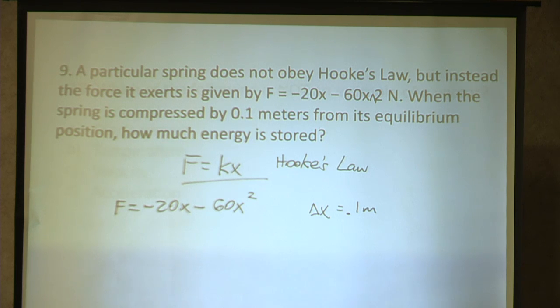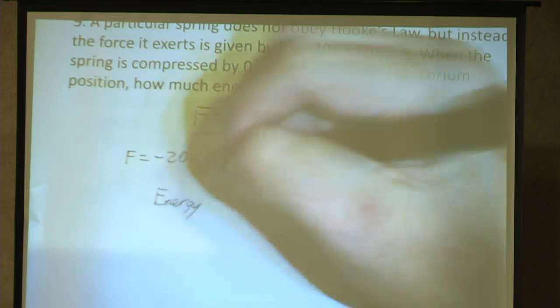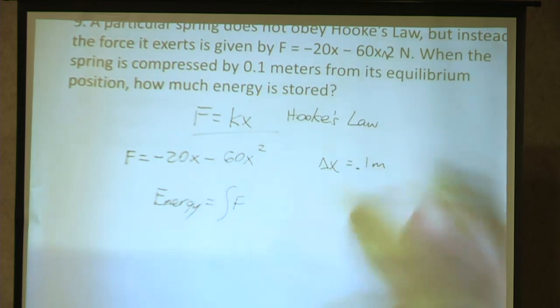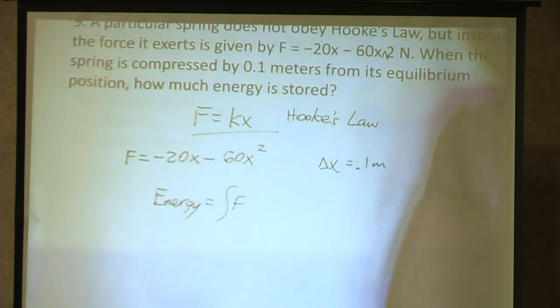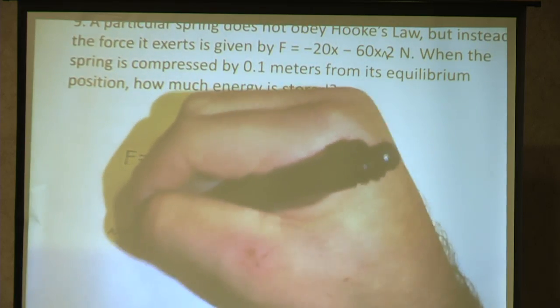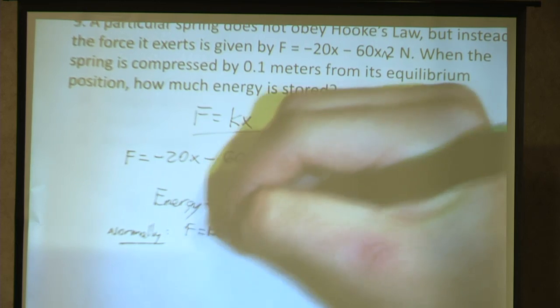An important thing for Physics 1 for engineers, what differentiates it from college physics, is knowing the integrals and the derivatives. One of the main things you should have gleaned is that the energy is the integral of the force. Normally, let's pretend this is a normal spring. We know F is kx.